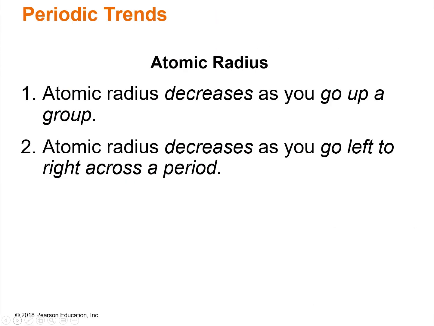All right. So we're going to move on to periodic trends. So these trends just say, in general, when you're looking from left to right on the periodic table or up or down, this is the kind of trend you're going to see. There may be some exceptions here and there, but overall, this is what you see.